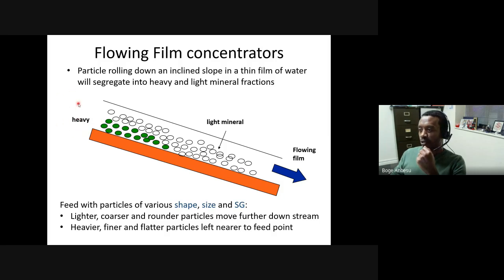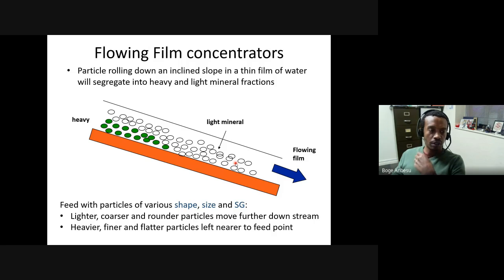And as particles travel through this incline, what should happen is heavy particles will settle to the surface of this incline and they travel only a short distance, while light particles travel the furthest on this table simply because they can be easily forced to travel along the incline, say using water.